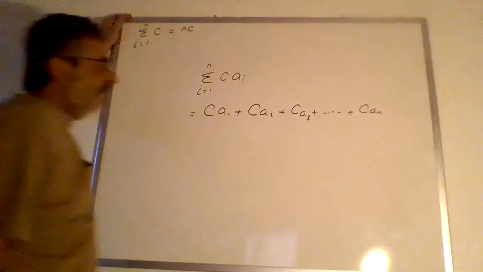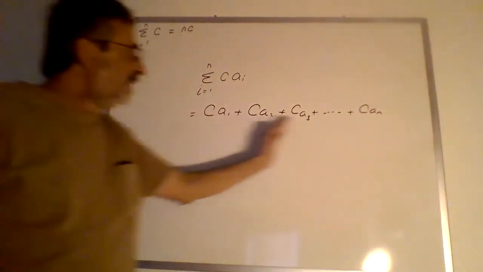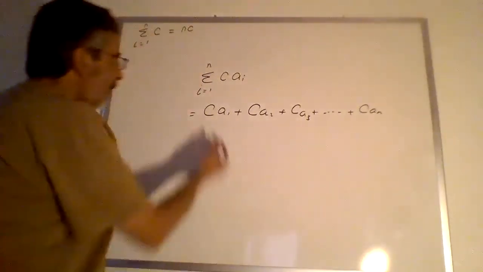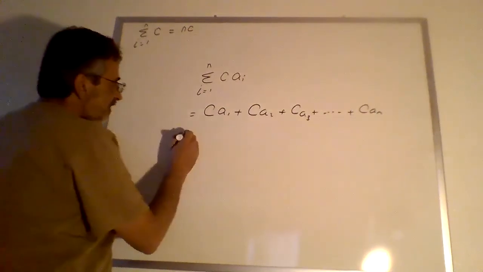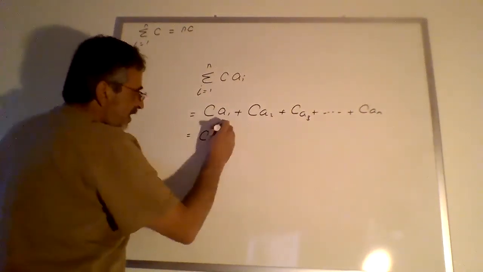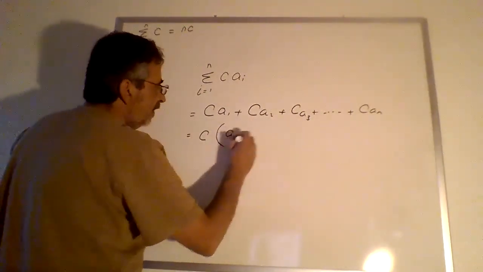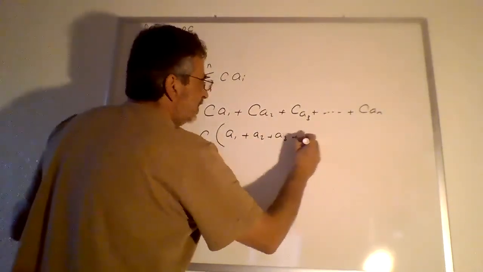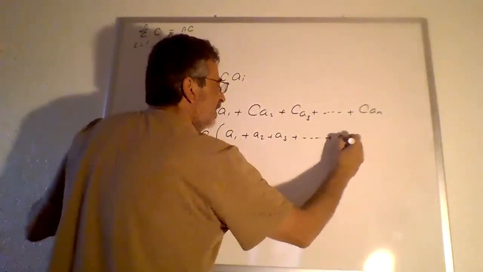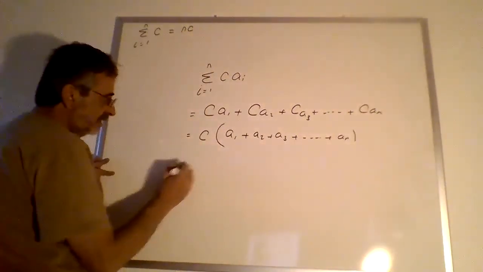So no matter how many terms you have, you're going to end up with that. Now notice all the terms have C in them. So that's equal to C times (a_1 plus a_2 plus a_3 plus a_n).